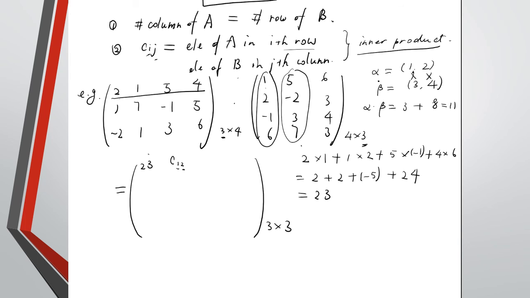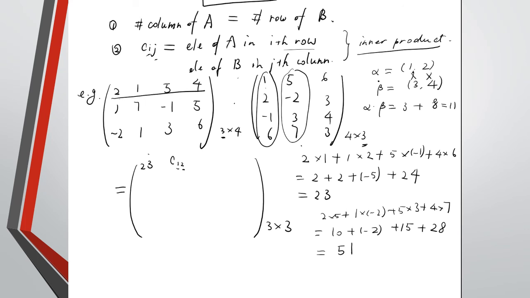So this time, let's try. 2 times 5 plus 1 times minus 2, and then 5 times 3, and then 4 times 7. This time we have 10 minus 2, 15, 28. So this one's going to give us, yes, 51.